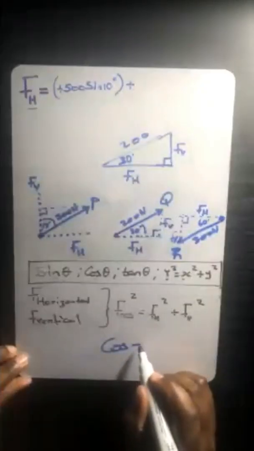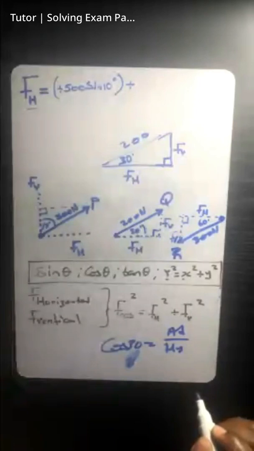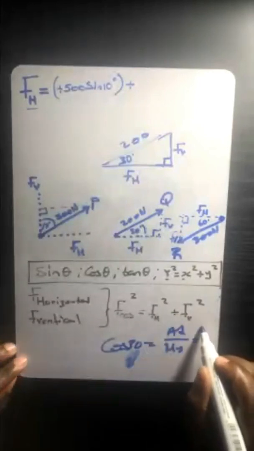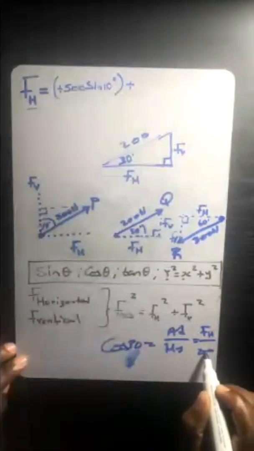We know that cos of the angle, the angle there is 30 degrees, equals adjacent over hypotenuse, and adjacent is FH over 200. So you cross multiply, and remember, this is positive. Why positive? Because this arrow you can see is in that direction. So it's positive 200 cos of 30 degrees.